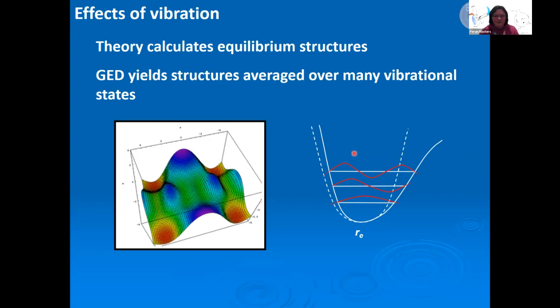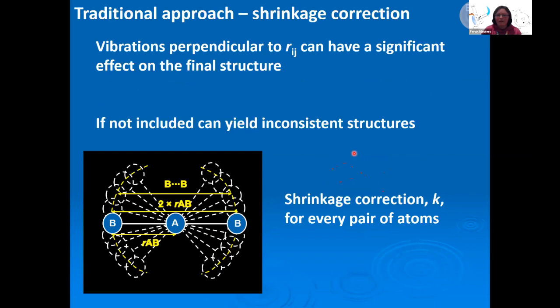We have vibrations along a bond axis, which is fine, and then vibrations perpendicular to the bond axis. These perpendicular vibrations can have a real significant effect on our final structure, so we have to correct for all of these vibrational effects in our models that we then fit to our experimental data.